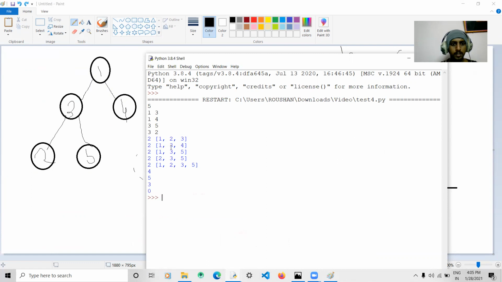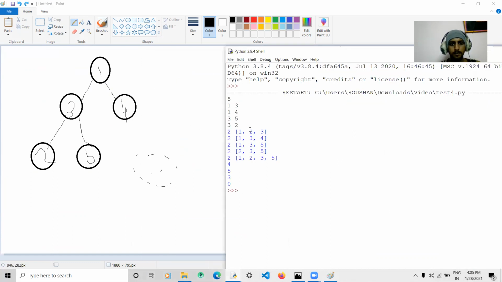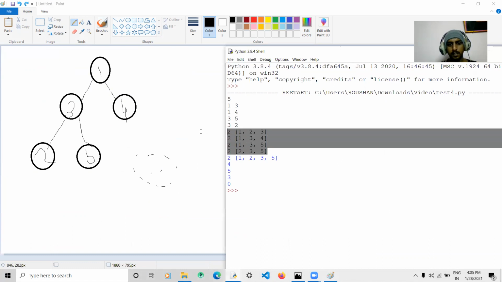So it goes in 1, 2, 3, 1, 3, 4, 1, 3, 5. So we have 1, 2, 3, 1, 3, 4, 1, 3, 5, and 1, 2, 3, 4, 5.